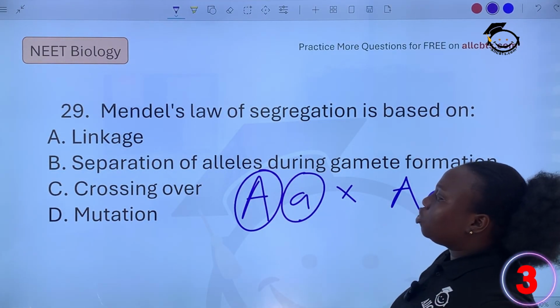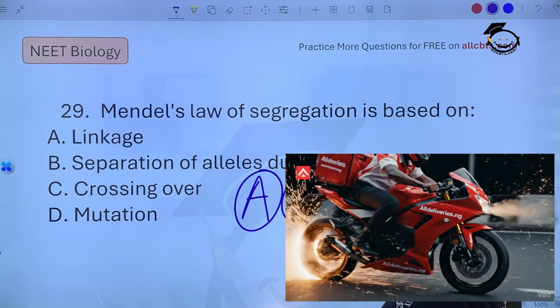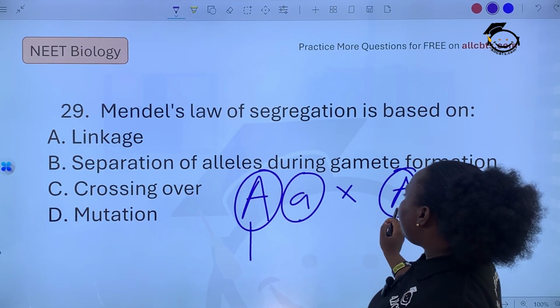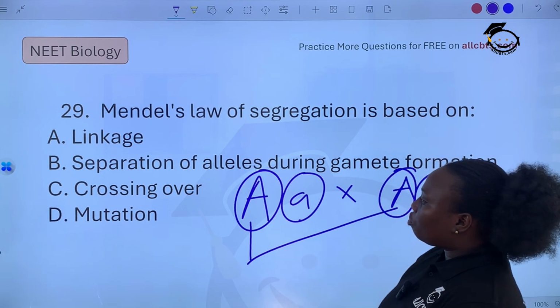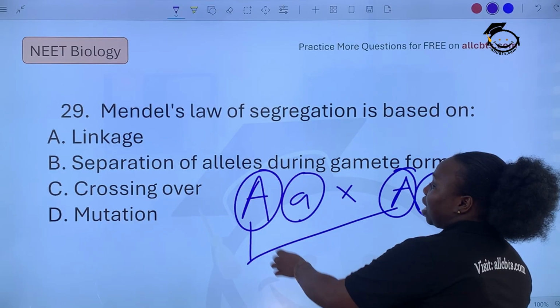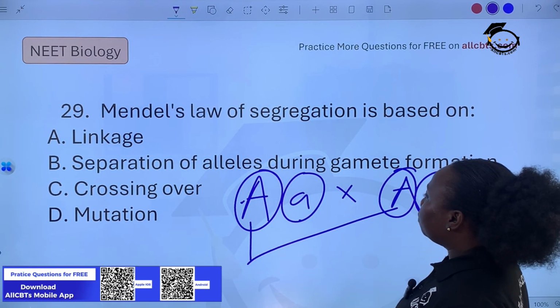So Mendel is the one that postulated that when you are crossing, or when you are trying to determine a particular trait, the alleles are independently crossed. This A and this A will not cross together. This A from this one will singly cross with this one singly.